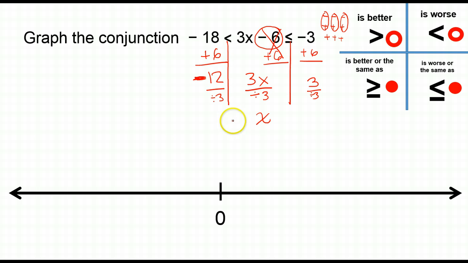That's x is, I forgot all about my symbols, is less than, 3 goes into 12 4 times, and again, use your multi-deviant man if you need to. All right, so that's negative, positive, so that means that's going to be negative. And 3 goes into 3 once. So I have x is less than or equal to 1, negative 4 less than x. Let's switch that around.